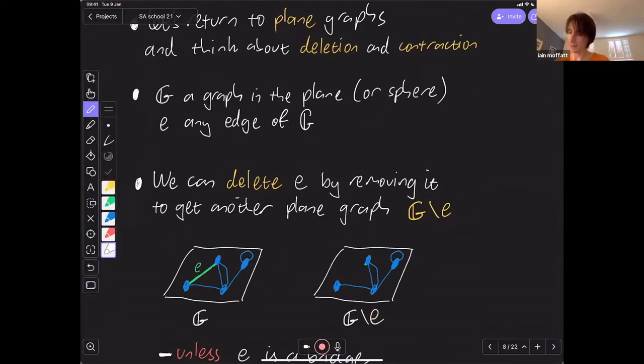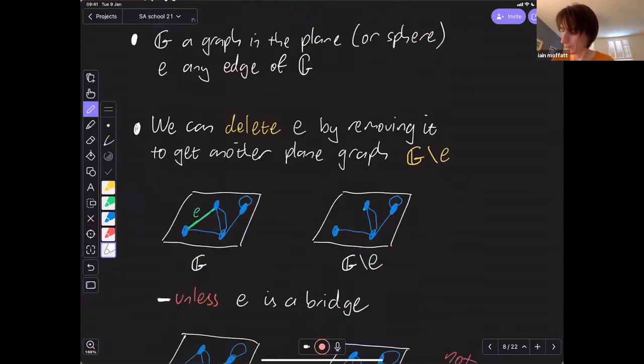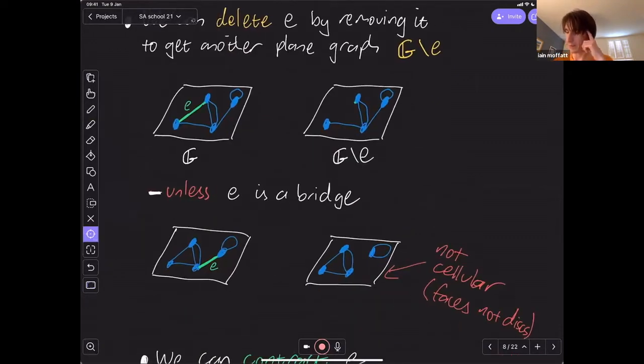Except this doesn't always work. There's a little side condition here: if E is a bridge, so an edge whose removal increases the number of components, then if I throw this away, I'm going to get a graph of 2 components, but this is not a plane graph because my cellular condition on faces doesn't hold.